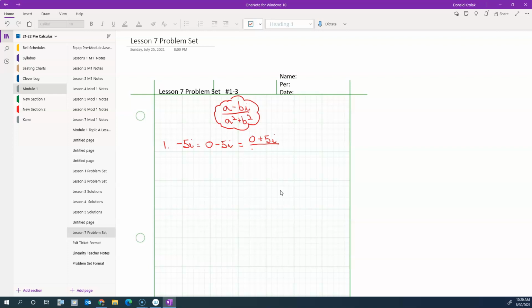Okay, and then down here, 0 squared plus 5 squared. So I got 5i over 25, which is i over 5. Okay, so that was A. Now do B.